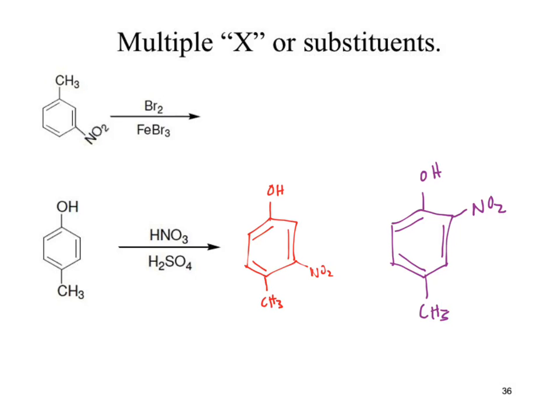The red or the purple? The purple, because OH is a stronger activator than the methyl. Our substitution is going to go based off of the strongest activator, wherever that activator may be. It's going to dictate the substitution pattern, because it's the one that's driving, making the nucleophile more nucleophilic. That's how our reaction sets up.